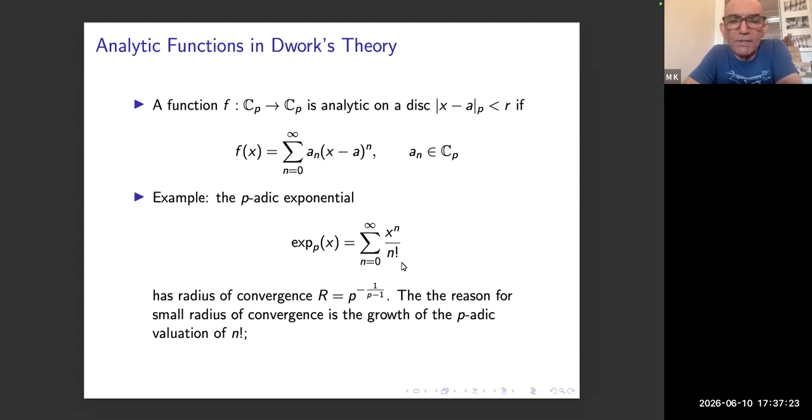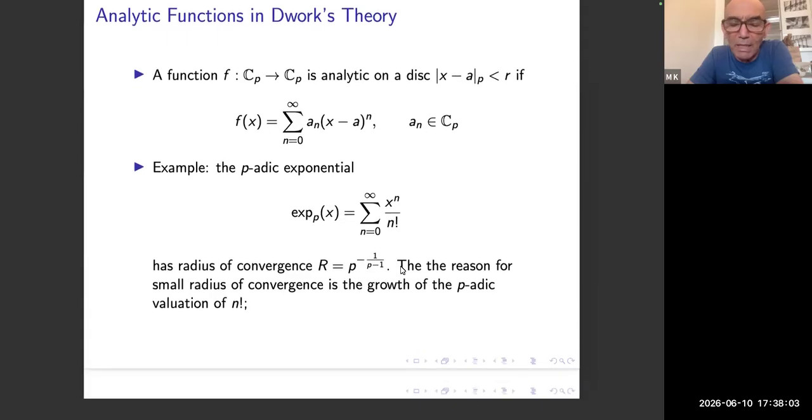Now, if you try to define something like the p-adic exponential, you notice that this exponential function has a finite radius of convergence, and the radius of convergence depends on p. So it's not an infinite radius of convergence as in the complex case. For p equal to infinity, it has infinite radius of convergence; for finite p, it does not. This is the beginning of a lot of differences between doing analysis on Q_p and Q and R.